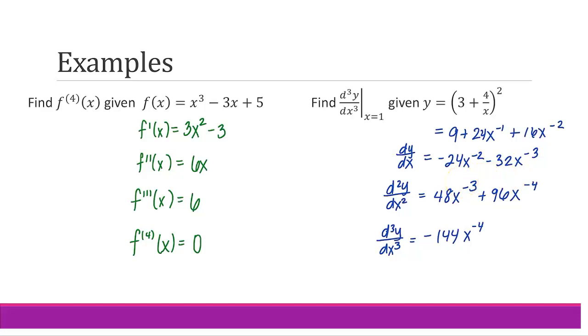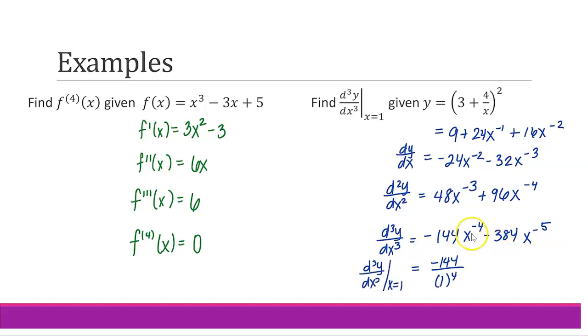And then I have 4 times 96 is 384, but it's going to be negative 384 x to the negative 5. Ooh, okay. So the last thing is to plug in x equals 1 into each x. So here I have negative 144 over 1 to the 4th. So let's see, d3y over dx cubed when x is equal to 1.